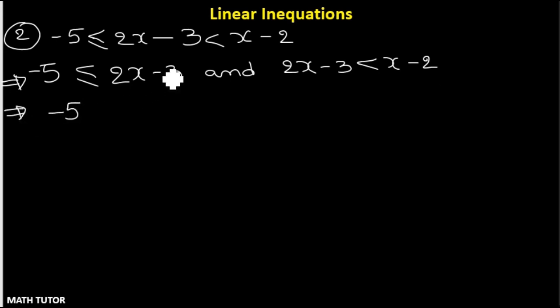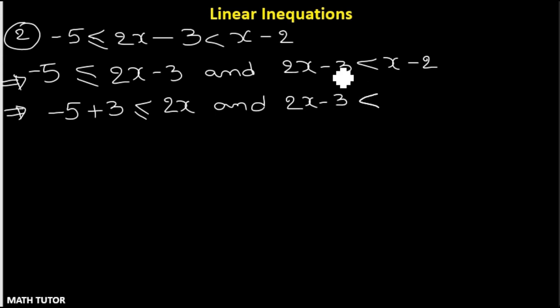Minus 5, you remember, minus 3 will become positive, plus 3 here. The sign will not get reversed. Less than or equal to 2x, and 2x minus x, and 3 will become plus 3 minus 2.